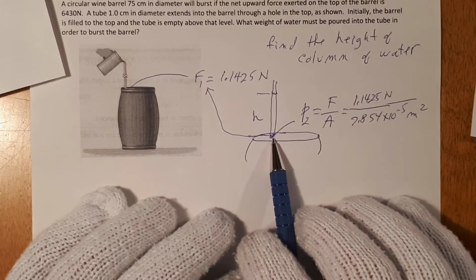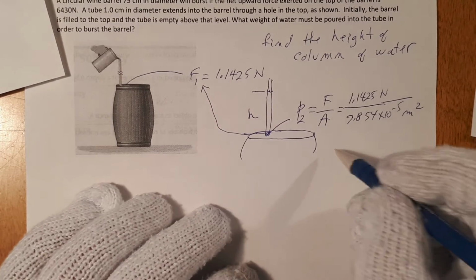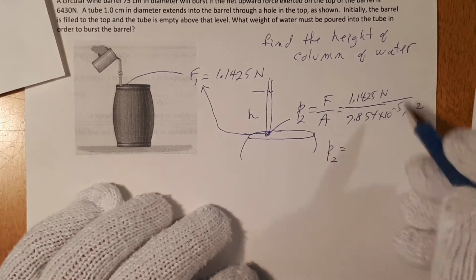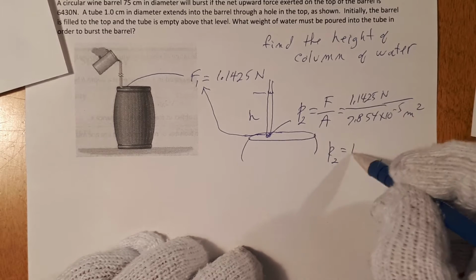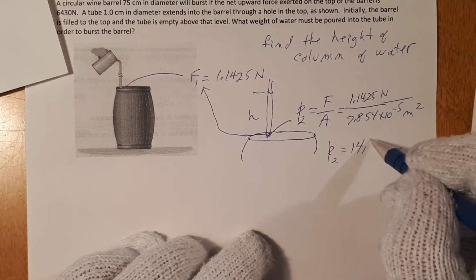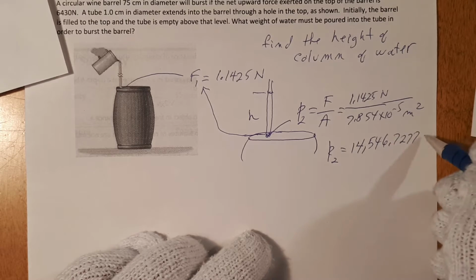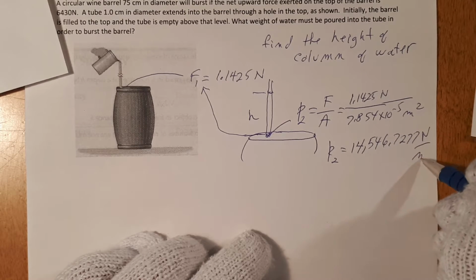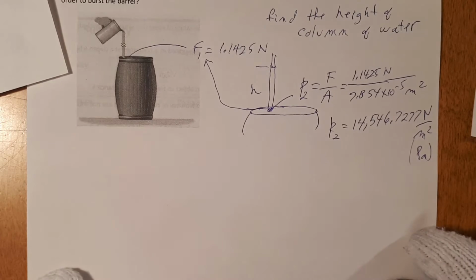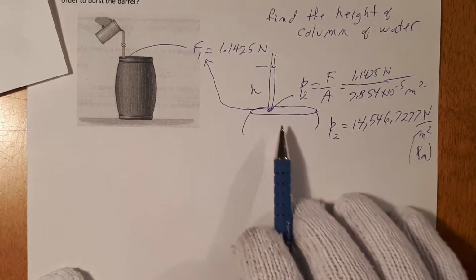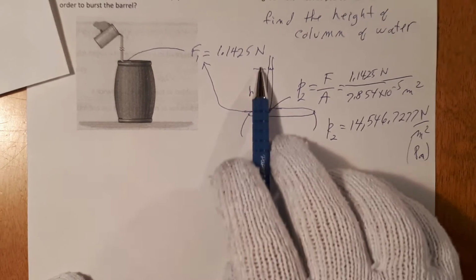Therefore, the pressure here, as a result of the weight of the column of water above it, is equal to, putting this in our calculator, the answer is 14,546 newtons per square meter. And this, as you know, is also a pascal, but I'm going to leave it as newtons per square meter. So we know the pressure that's being generated here as a result of this column of water, and we want to find the height.